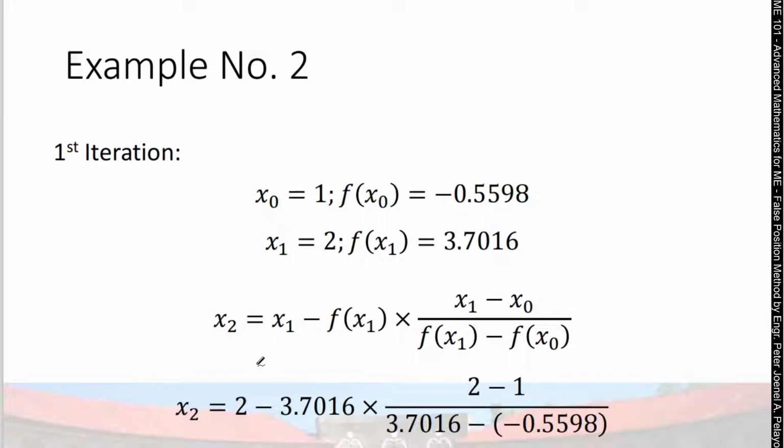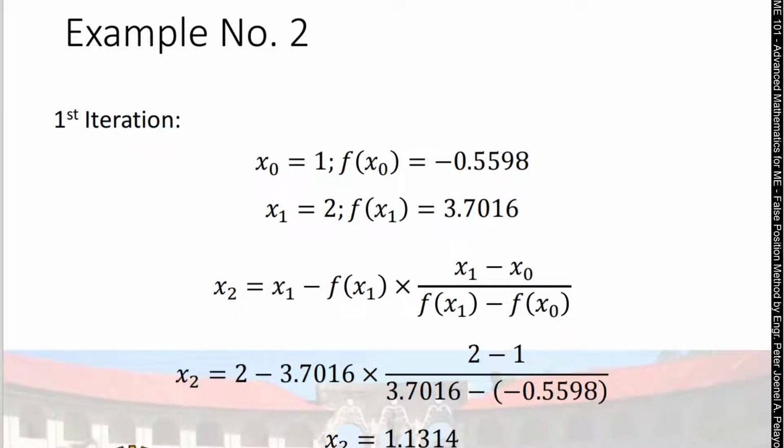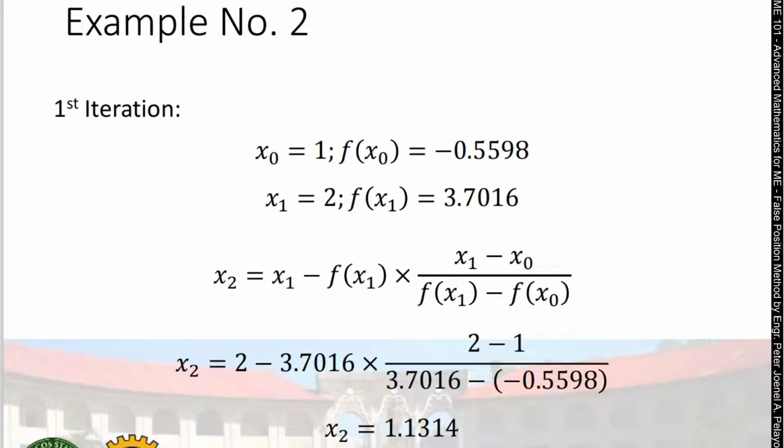So, let's get x2. x2 is equal to 2 minus 3.7016 times the quantity 2 minus 1, all over 3.7016 minus negative 0.5598. So, x2 will be 1.1314 for the first iteration.